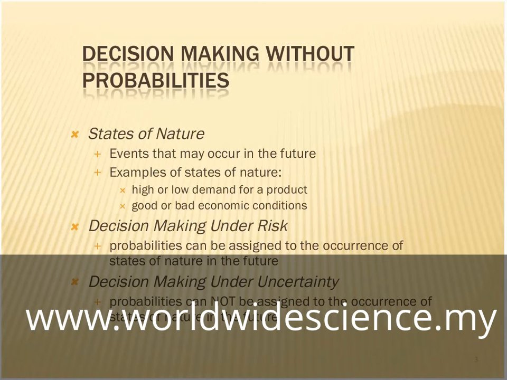These events are called a state of nature. You as operation manager have to select a state of nature before making decision. It's up to you, okay? It's up to you, and it depends on the project and the situations that you want to make decision.